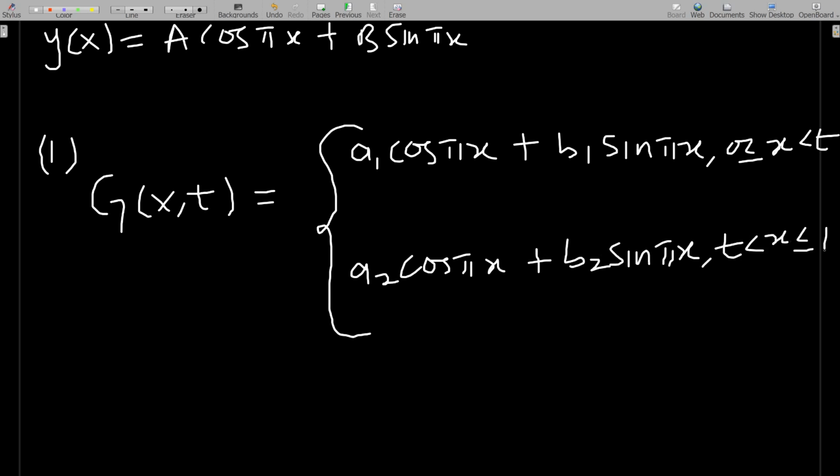So my task here is to look for a1, b1, a2, b2. The second point is that the Green's function should satisfy the boundary condition, that y of 0 should be equal to y of 1.